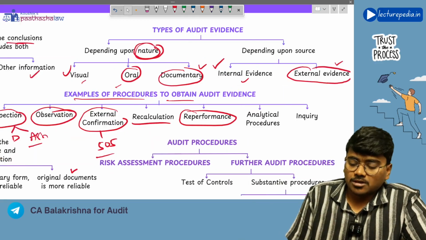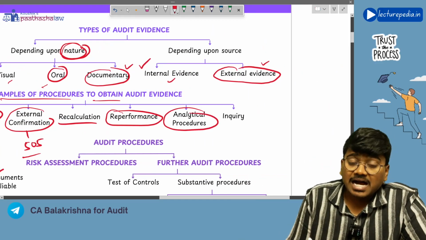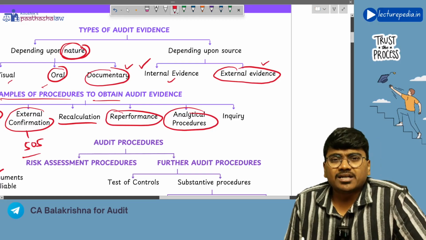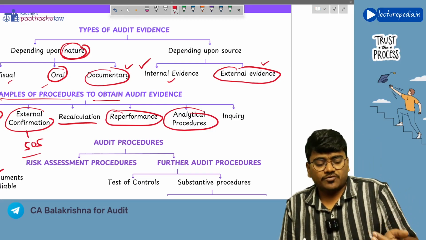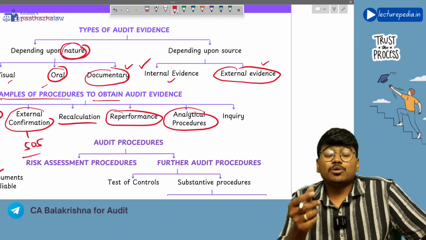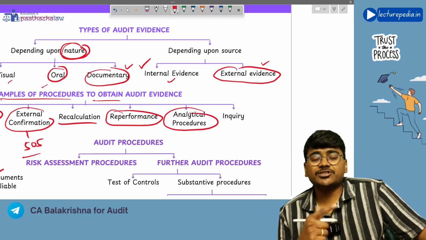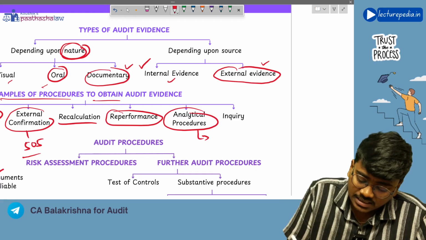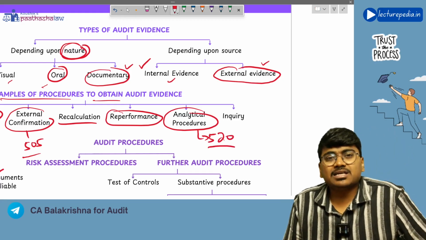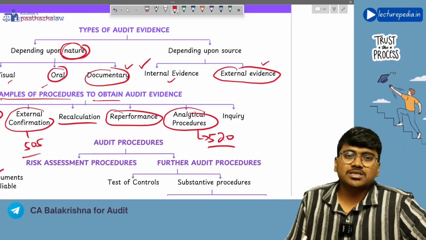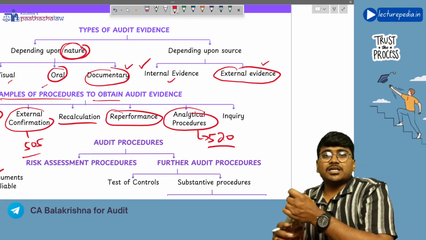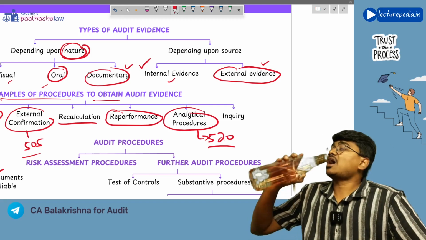See, all these are procedures. Next, analytical procedure. In the case of analytical procedure, you will compare the trends of the current year with the previous years. You will also use the plausible relationship between financial data and non-financial data. Basically, in SA 520, we will be clearly discussing analytical procedure. Through analytical procedure also you can obtain audit evidence, correct or not?